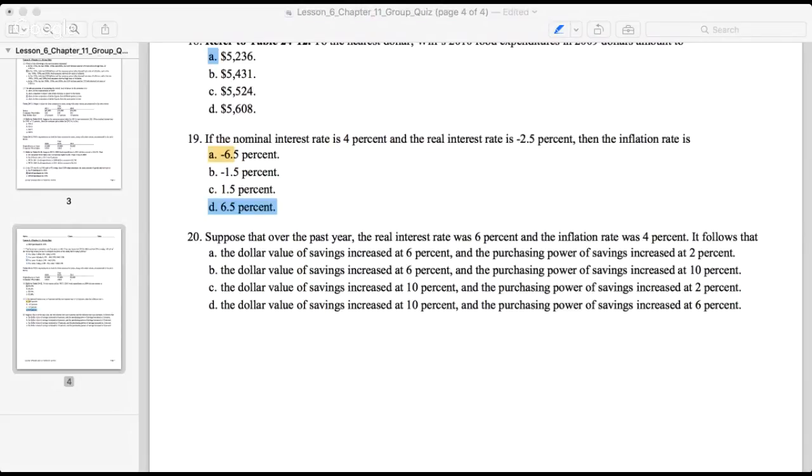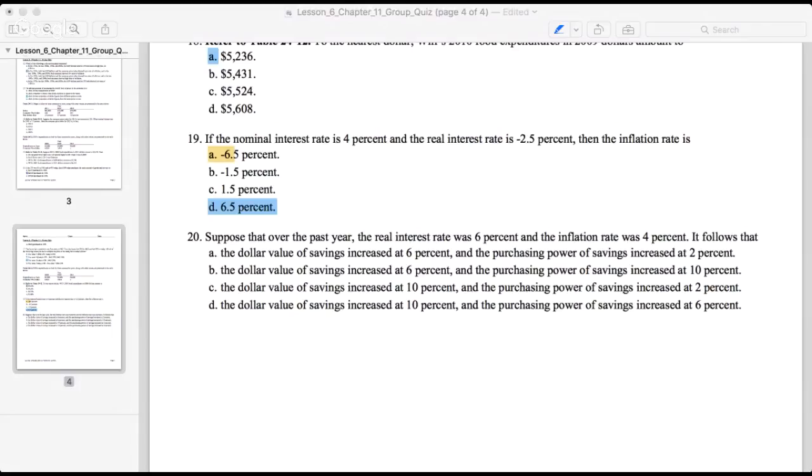And that's because the savings increases, but the personal savings increases. Let me see.